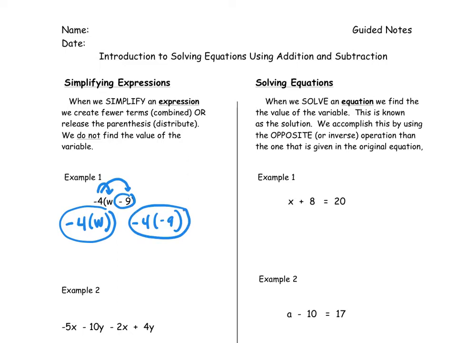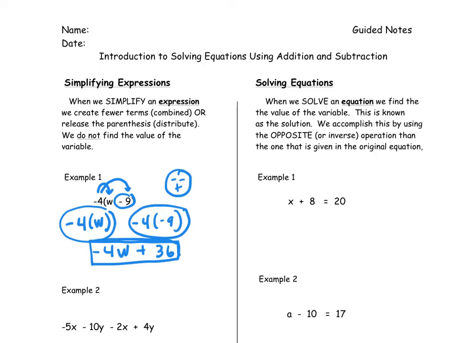So -4 times w will be -4w. And then a negative times a negative is a positive. So this is going to become positive 36. And this is the answer. It's an equivalent expression. And when we simplify expressions, we don't get what looks like an answer. We get an equivalent expression again.